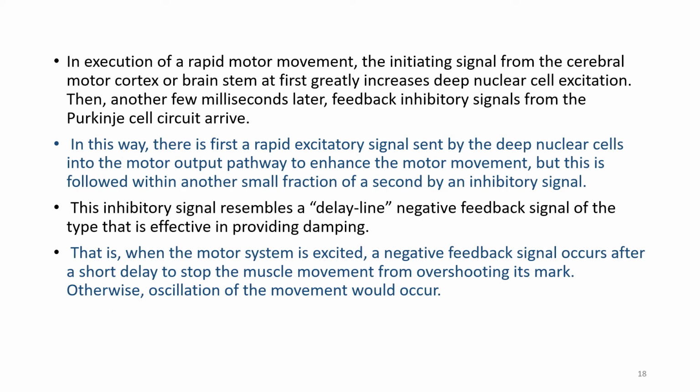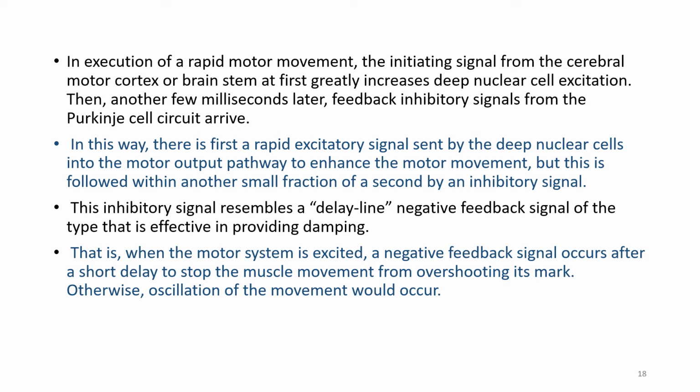In execution of rapid motor movement, the initiating signal from the cerebral motor cortex to the brainstem at first greatly increases deep nuclear cell excitation. Then, a few milliseconds later, a feedback inhibitory signal from the Purkinje cell circuit arises. This way, there is first a rapid excitatory signal sent by the deep nuclear cell into the motor output pathway to enhance the motor movement.